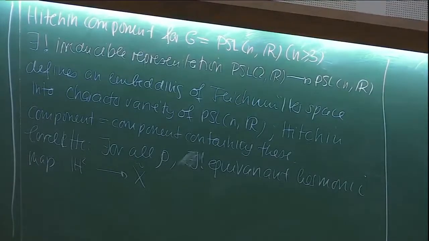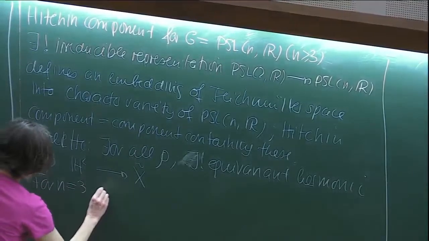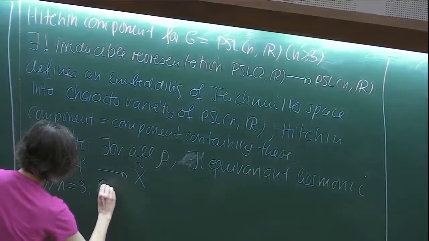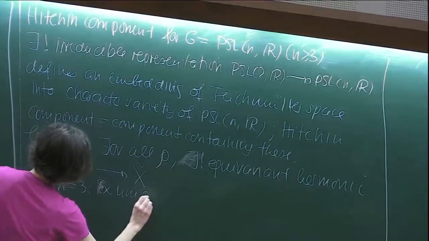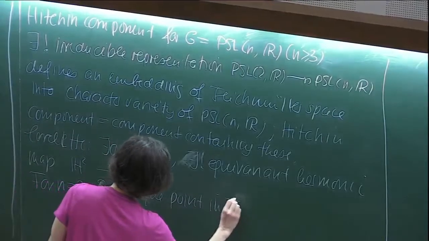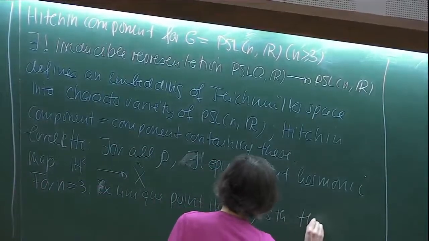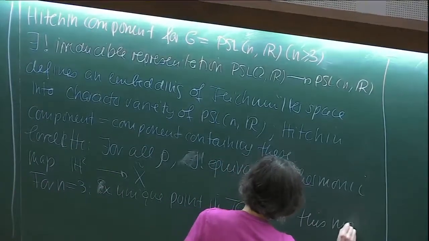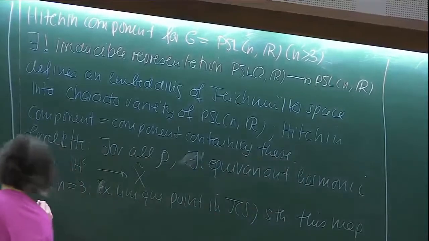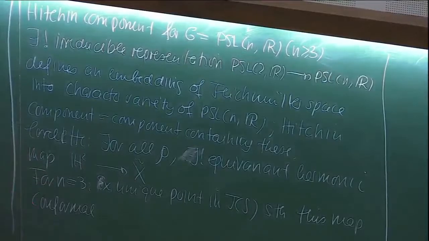And so for n, we saw this already as well, but I repeat it. For n equals 3, there exists a unique conformal structure, or unique point in Teichmüller space, such that this map is conformal. And here the great thing about a conformal map is that it's a minimal surface.